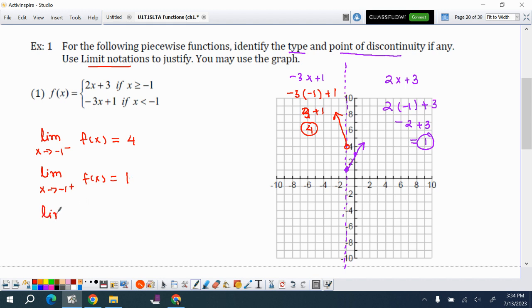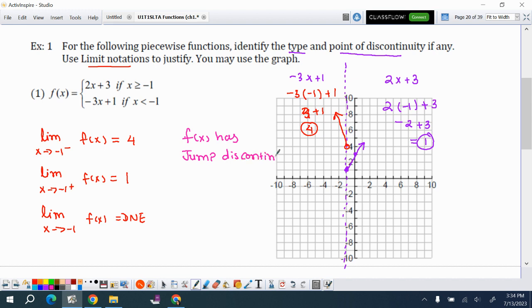So clearly, this limit does not exist because they both are different numbers, and we can say that f of x has a jump discontinuity type, and where?